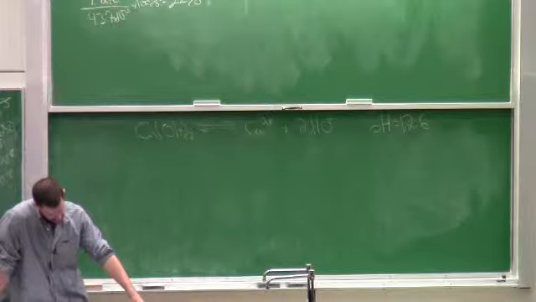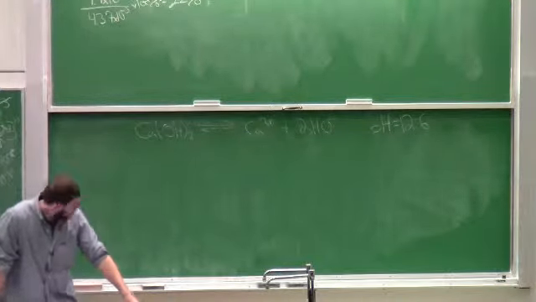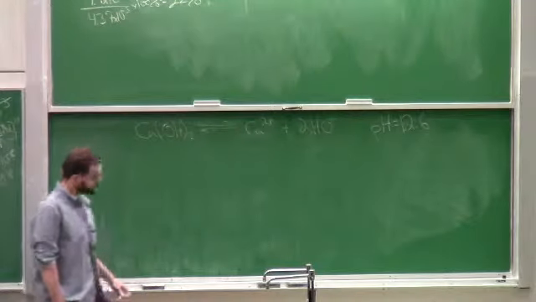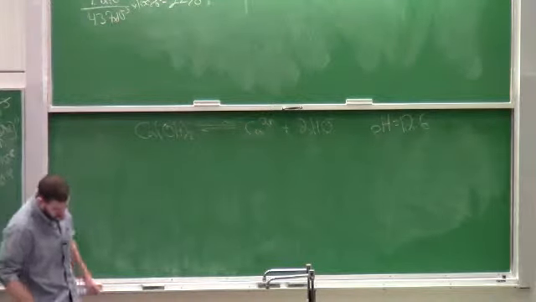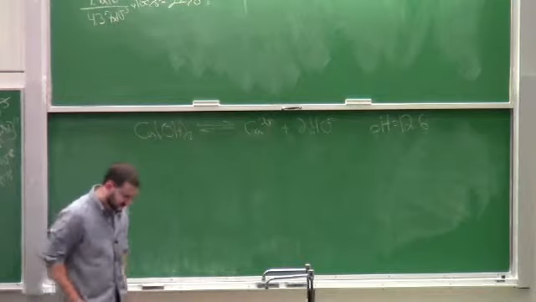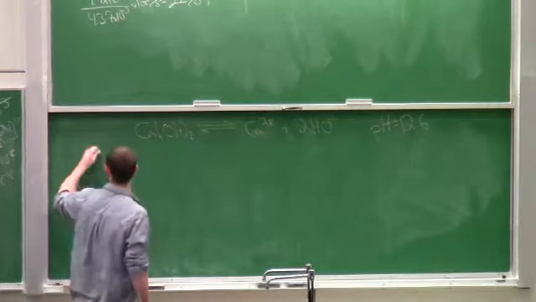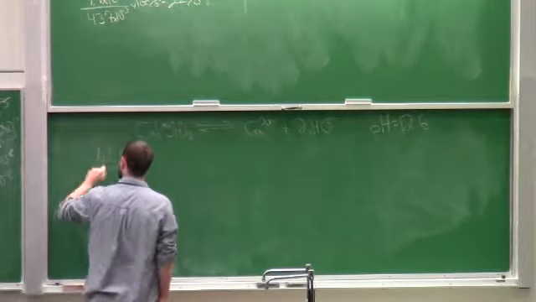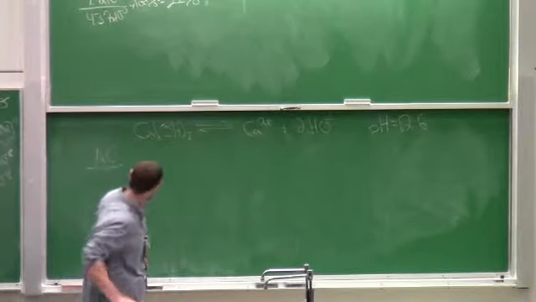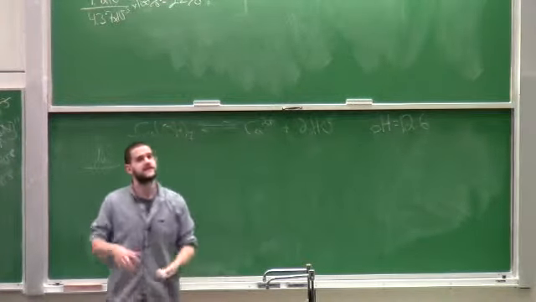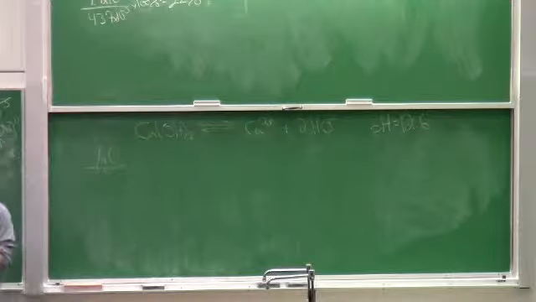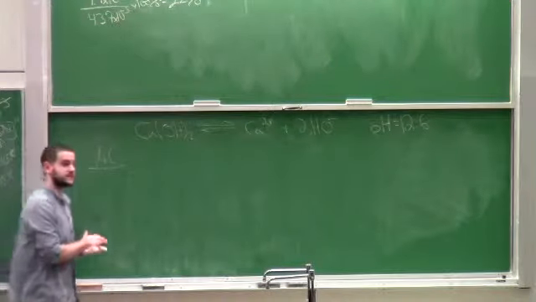All right, let's see here. So what I'll do is go ahead and write a miniature version of Horvath's table there. Applied change. Amount calcium hydroxide, that is the amount of solid stuff that we have in the bottom of the beaker. We understand this is a saturated solution.